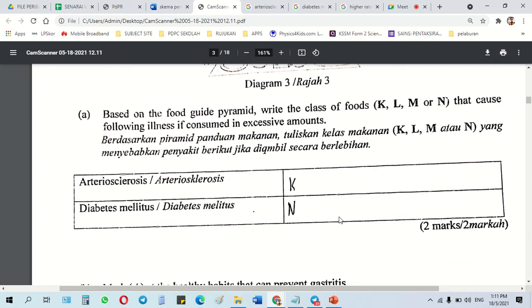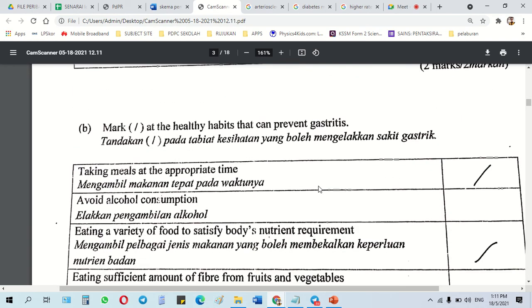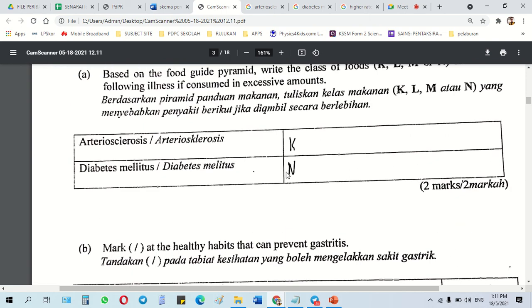Dia akan jadi store lah, store dalam your body. First type of sugar tu tadi, then dia akan jadi lemak jugalah. Tu yang kita bagi tahu sebagai glycogen. Nanti awak akan belajar banyak dalam form 4 form 5 dalam biology lah.